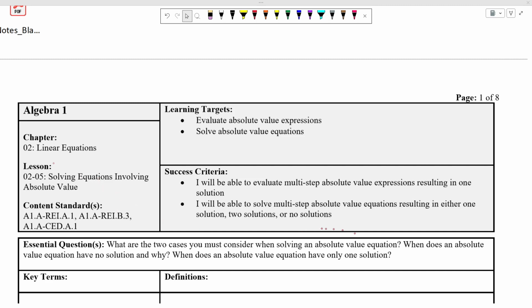When does an absolute value equation have no solution, and why? When does an absolute value equation have only one solution? We will answer all of these questions and more as we proceed through the day's lesson.